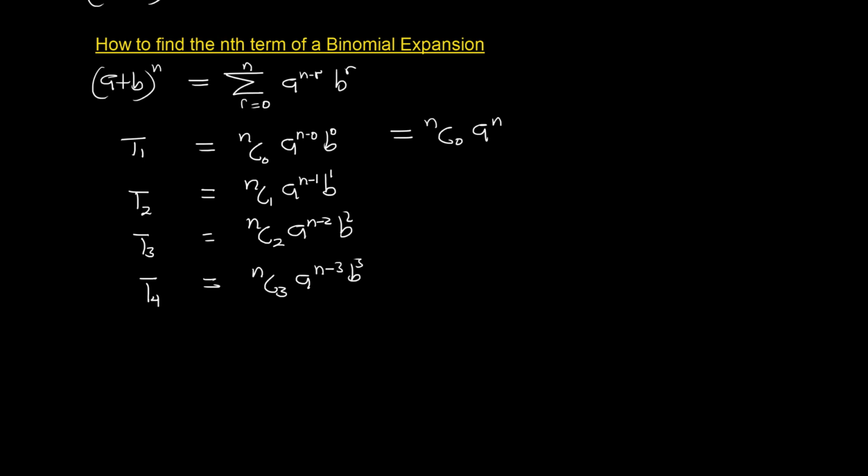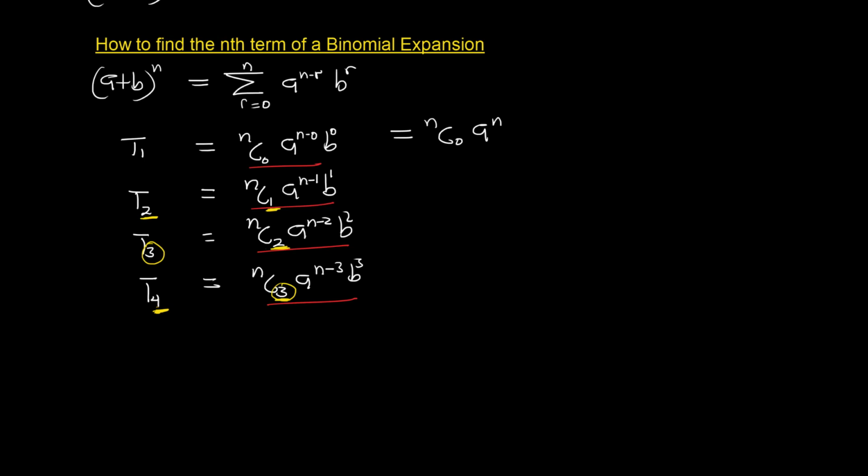So if you look at these terms, for the first, second, third, and fourth term, you see a pattern that is repeating. If you compare, 4 minus 1 will give us 3. For the third term, there's a difference of 1, and for the second term, there's also a difference of 1.